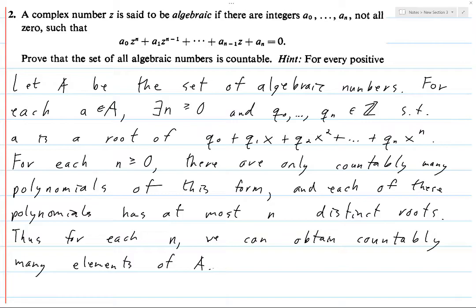Each of these roots is an element of A, and so for each n, we obtain countably many elements of A using degree n polynomials.